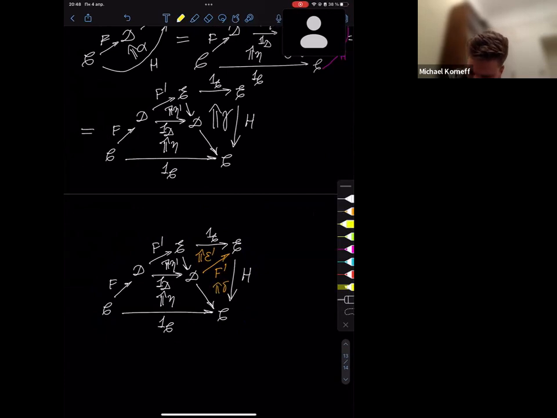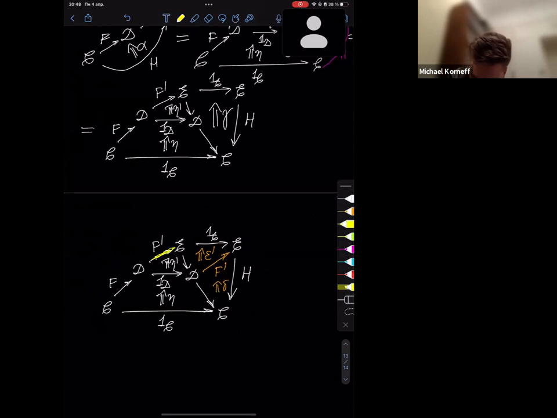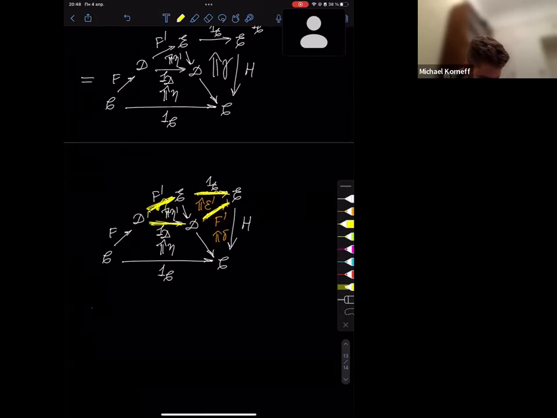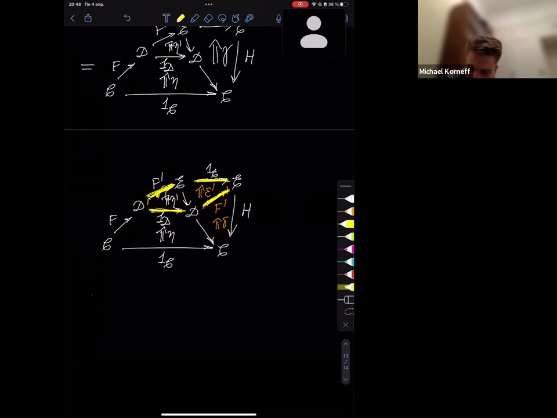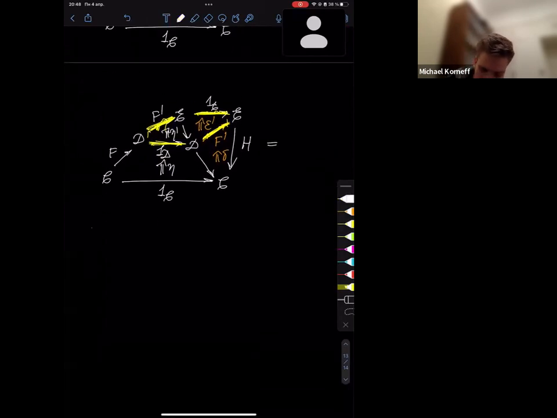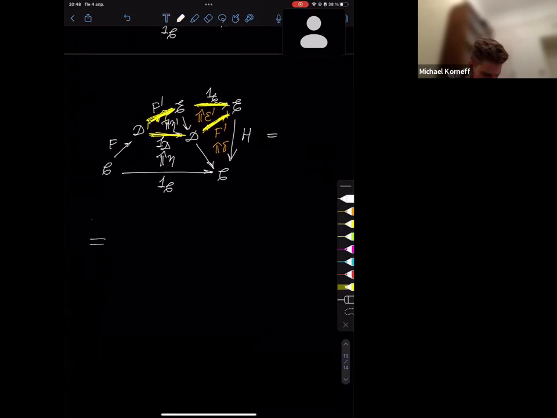And now we can focus on this quadrilateral. And then by triangle identity, this diagram is the same as this one.